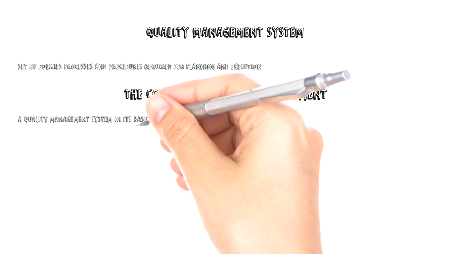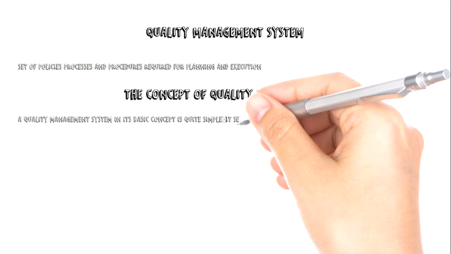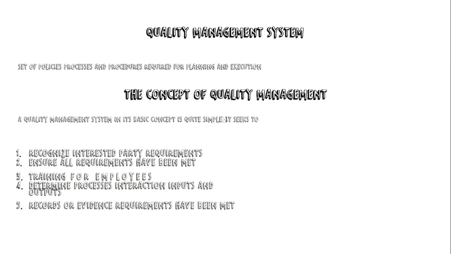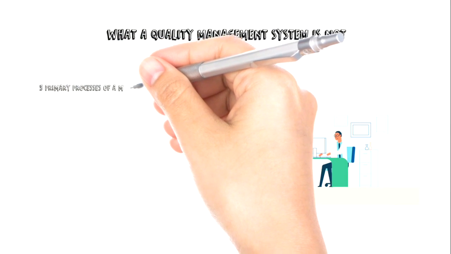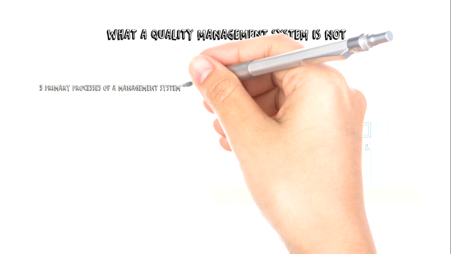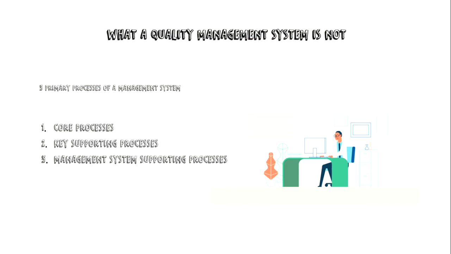It seeks to recognize interested party requirements, ensure all requirements have been met, training for employees, determining processes, interaction, inputs and outputs, record for evidence requirements have been met. 3 primary processes for a management system. Number 1, core processes, key supporting processes, and lastly, management system supporting processes.